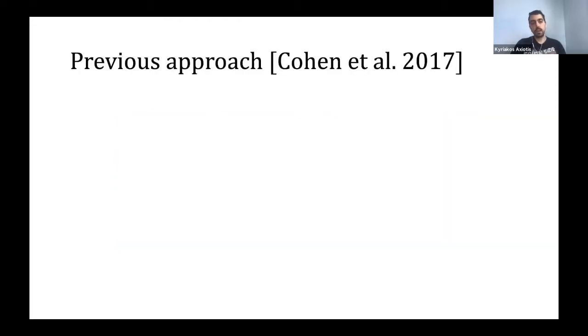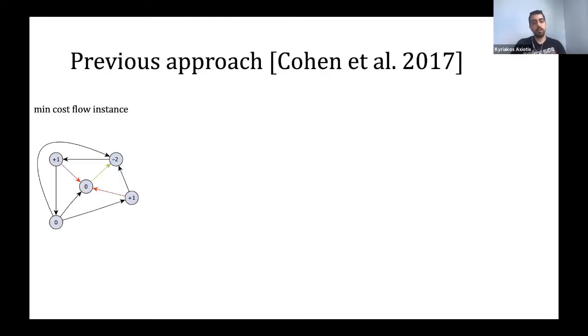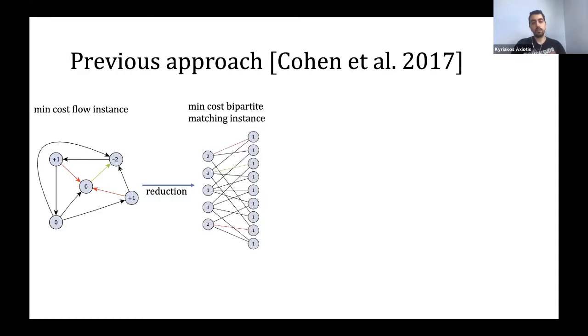So let's take a high-level view of the previous approach for this problem. They start from the initial min cost flow instance, which they reduce to a bipartite matching instance, again with costs. And then they apply an interior point method on that instance.